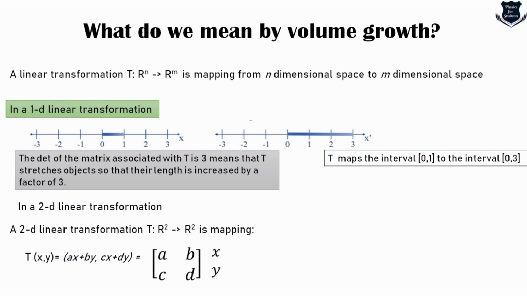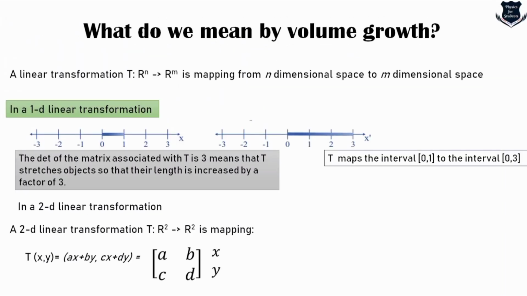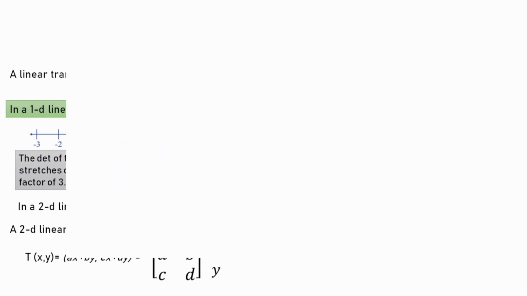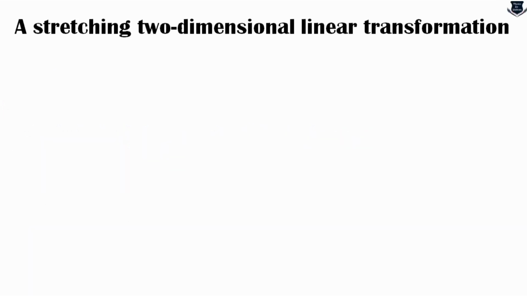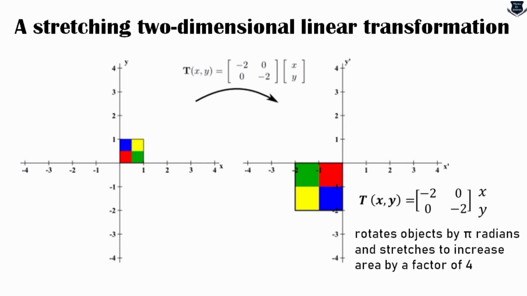So this is a kind of 2D linear transformation, and we can do this by a, b, c, d and x, y. Okay. So just to tell you, we are just starting with a one-dimensional linear transformation, where the determinant of the matrix T is 3. Now a stretching two-dimensional linear transformation. See this figure: the blue, yellow, green and red, when taken with the matrix minus 2, 0, 0, minus 2, the top one showing that arrow is getting transformed.